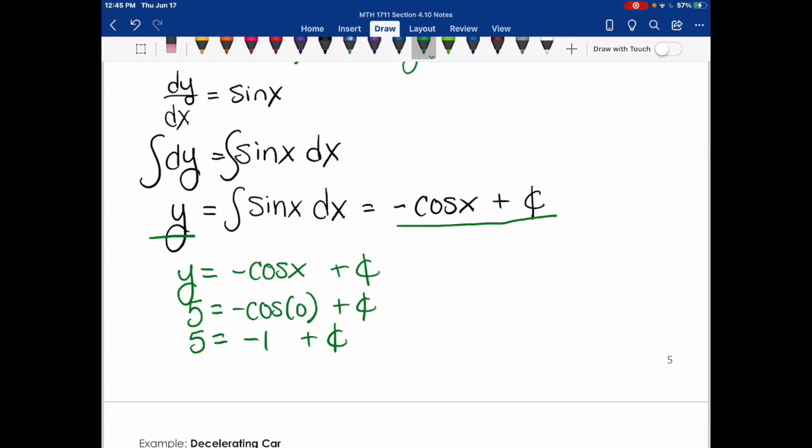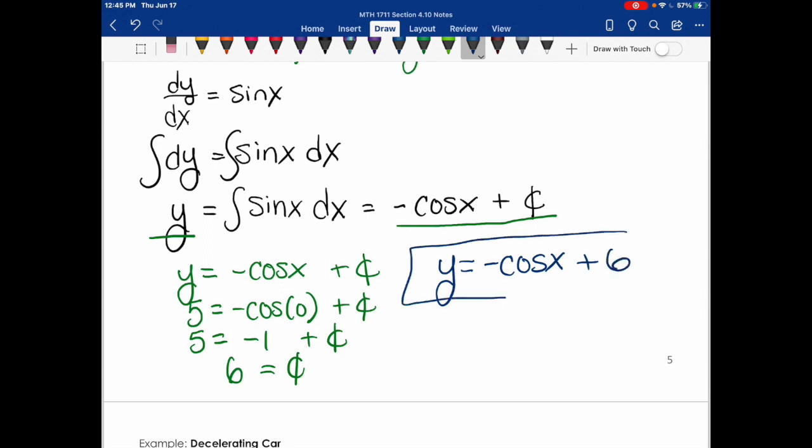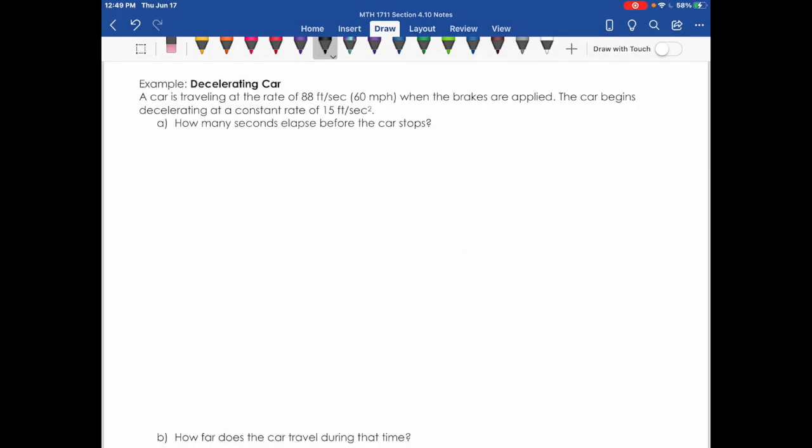And then I have that negative in front, so I get 5 is equal to -1 plus C. When I add 1 to both sides, I get that C is equal to 6. So now I know the specific function that we were looking for because we were given that initial value. So our final answer is going to be y is equal to negative cosine x plus 6.